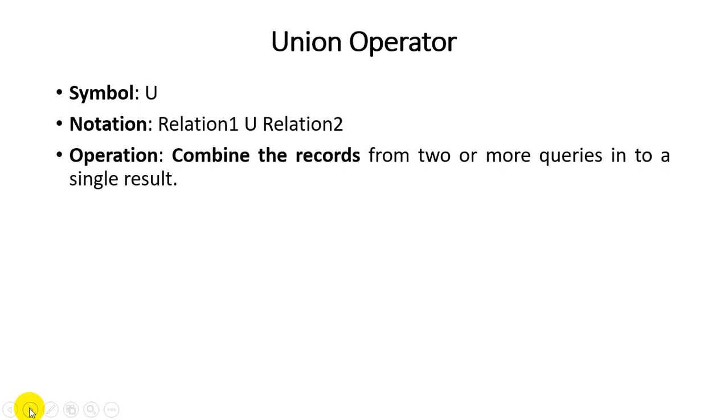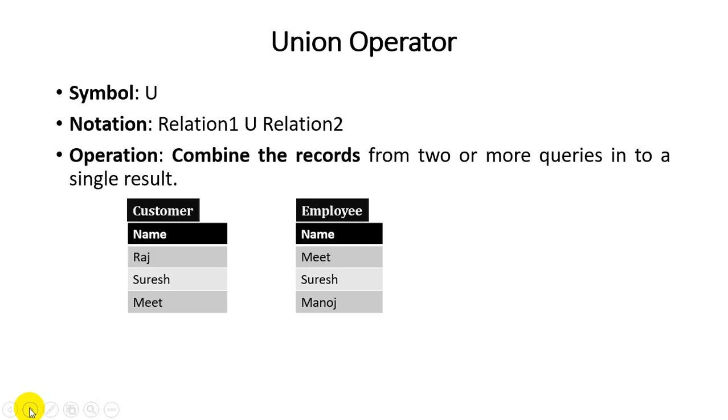Start with the union operator. The symbol is union, and the notation is relation 1 union relation 2. This operation combines the records from two or more queries into a single result. As per the example, a customer relation has a single attribute, name, and relation 2 is an employee relation, also with a single attribute, name.